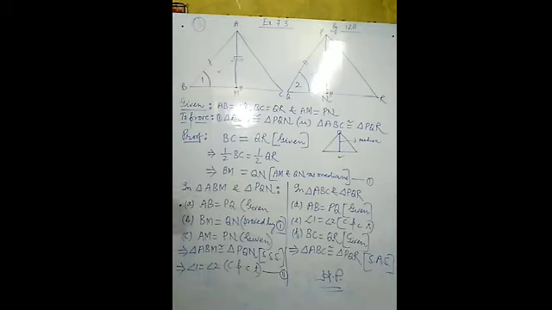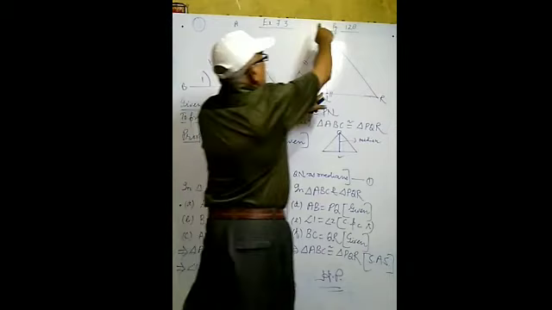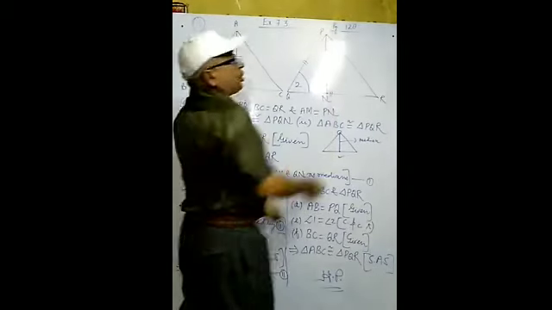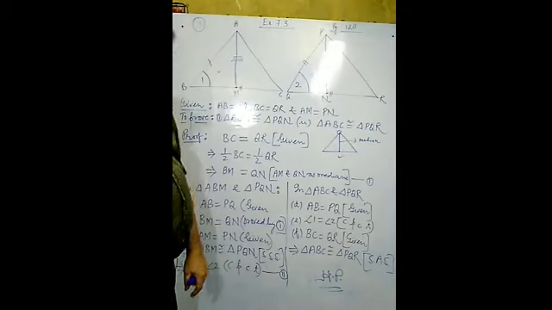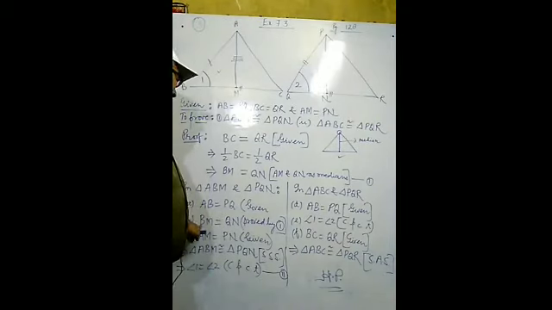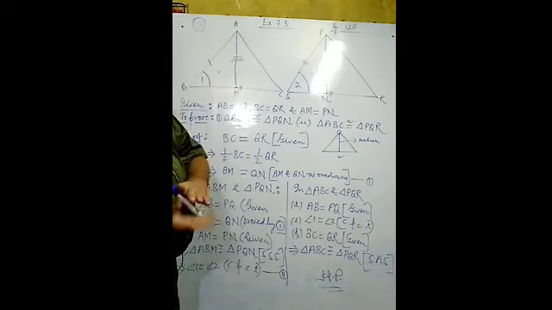And what will be the third matching part? This median AM equals this median PN, and this is already given. Both the medians are equal. Here I have noted down BM equals QN, AM equals PN, and this information is already given.